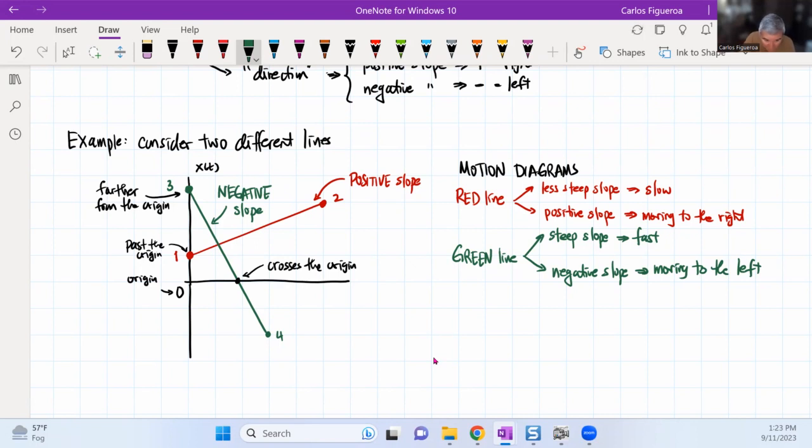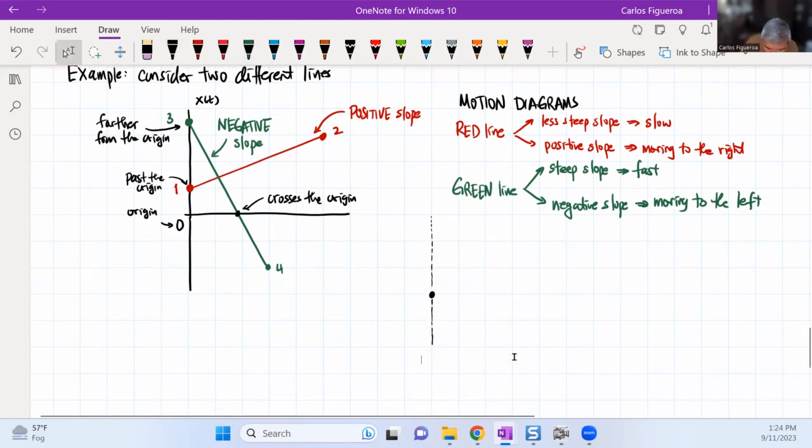So the first thing that I would look at here is that I need to define an origin. Let's say that this guy right here is my origin. I might have to adjust my spacings. So I'm going to say that this line right here is my 0 point, and that is my origin.